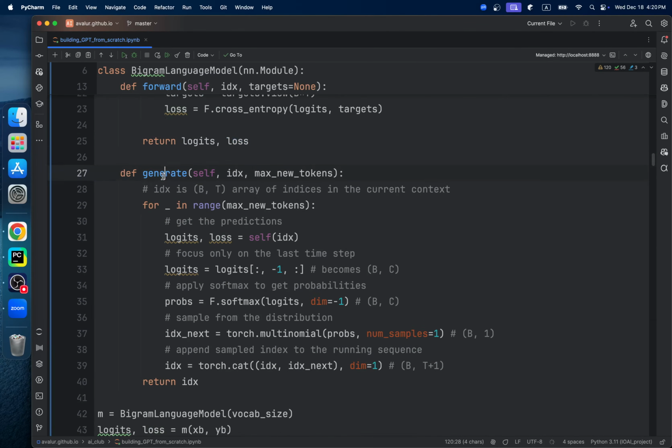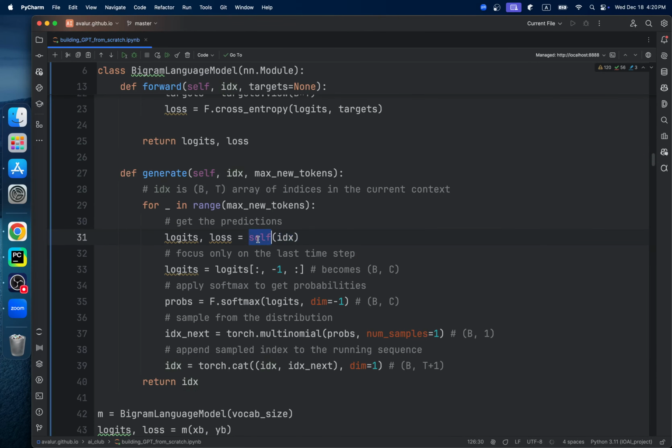Near the forward pass, we should implement the generate method, because we want not only to train our model, but also to run inference, to be able to predict next tokens. If you look into the code, you will see exactly the same operations. For each new sequence, again in the background the model is using only the number of the previous token to predict the next one.